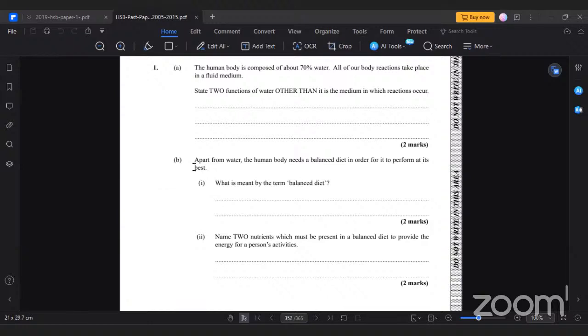Apart from water, the human needs a balanced diet in order to perform at its best. What is meant by the term balanced diet? And then another person choose I: name 2 nutrients that must be present in a balanced diet to provide the energy for a person's activity.